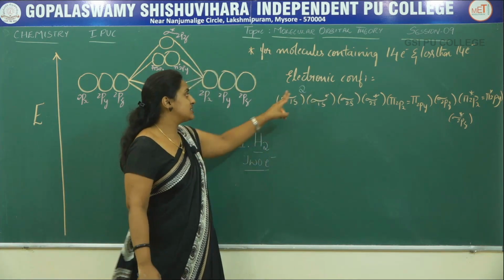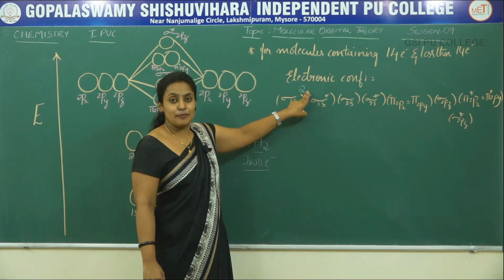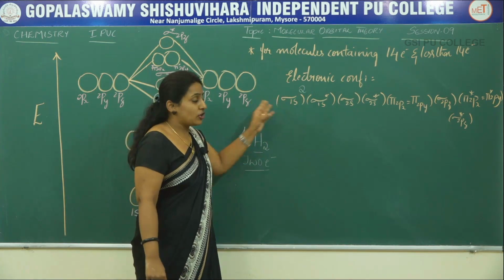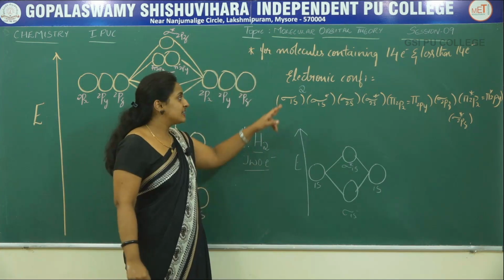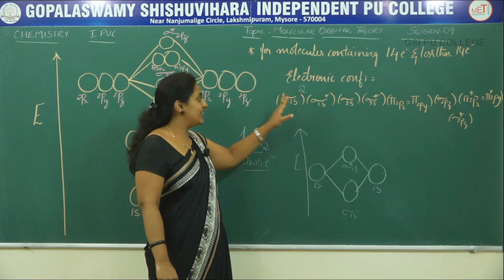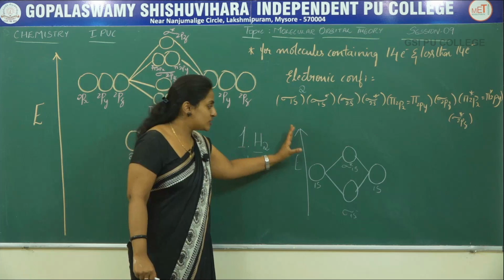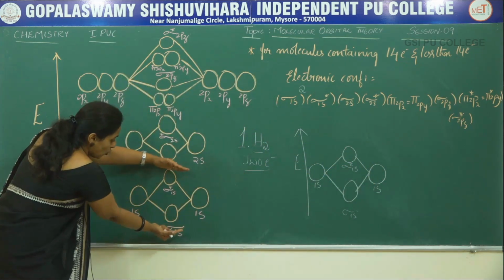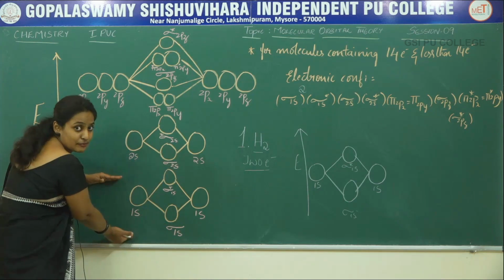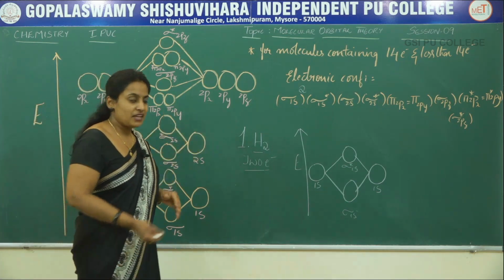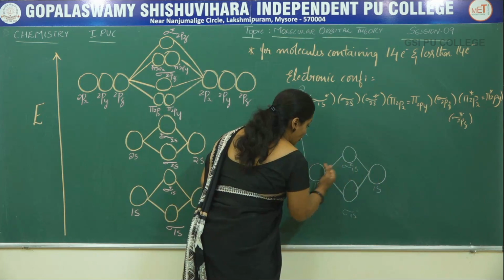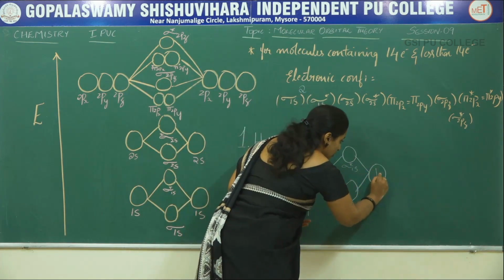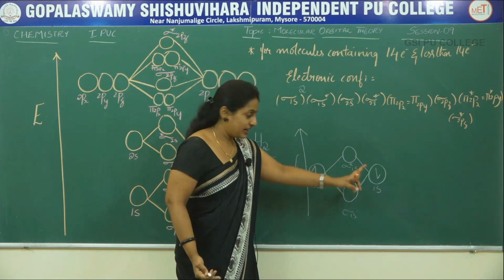Therefore, the 2 electrons have been accommodated in sigma 1s. Therefore, for the energy level diagram of this molecule, as the electrons have been accommodated in the sigma 1s itself, we should consider only the sigma 1s and sigma star 1s orbitals. So, this is the atomic orbital. Each hydrogen atom contains 1 electron.